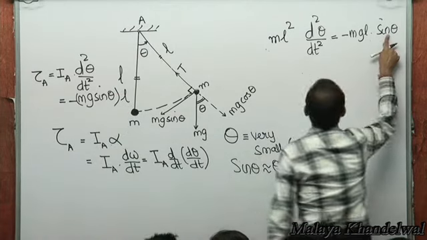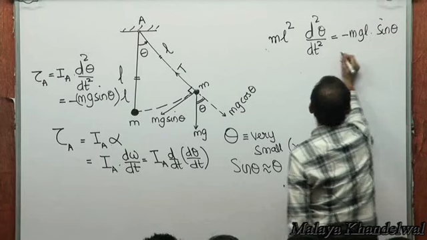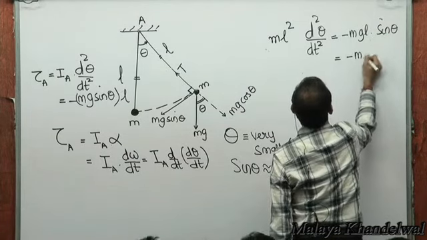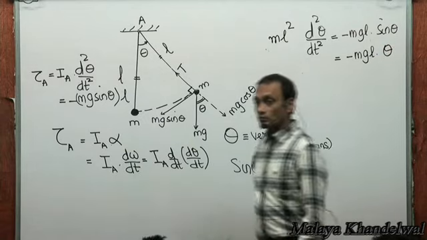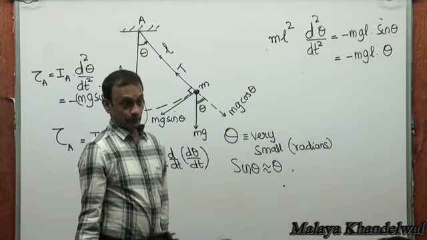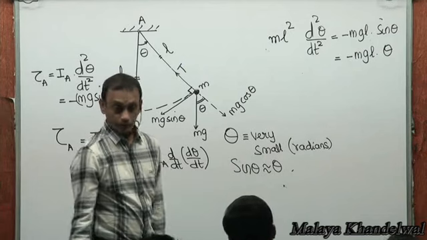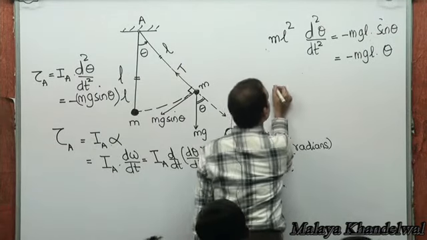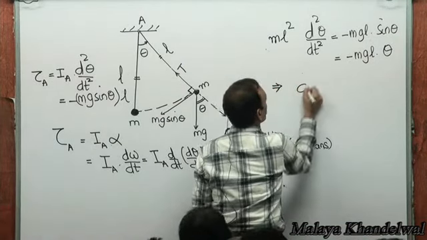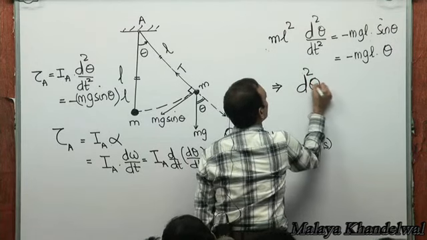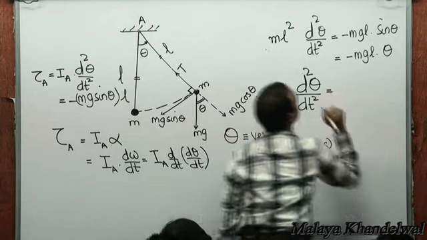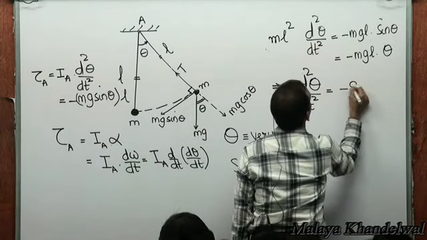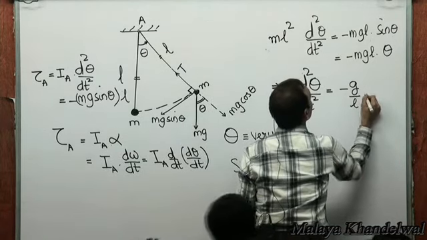Then I can write this sine theta as theta. So this is minus mgl into theta, or this gives me d2 theta dt2 equal to minus g by L into theta.